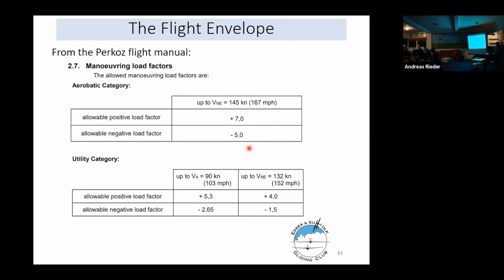Again, from the flight manual, just to reinforce what I said before, allowable positive load factor +7 and -5 for the aerobatic category, for the utility category 5.34, 2.86 and -1.5, all the same numbers that we've seen before, just restated in the flight manual.